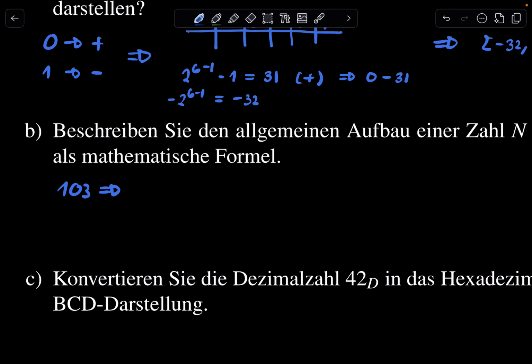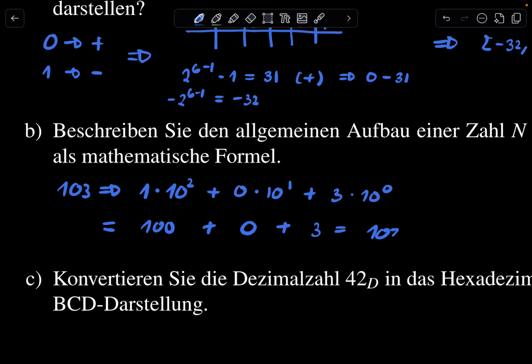Well, you multiply 1 times 10 to the power of 2, plus 0 times 10 to the power of 1, plus 3 times 10 to the power of 0. 10 times 10 is 100, 100 times 1 is 100, plus 0, plus 3, and as you can see, we have 103.